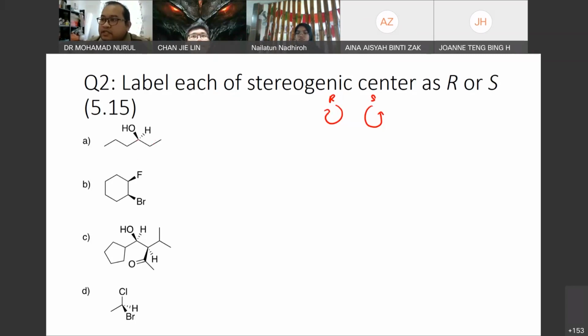In this case, this is the stereogenic center. And label the priorities. This is number 1. This one is number 2. This one is number 3. This one is number 4. Make sure number 4 is at the back. And in this case, this is the S configuration. It becomes like this.